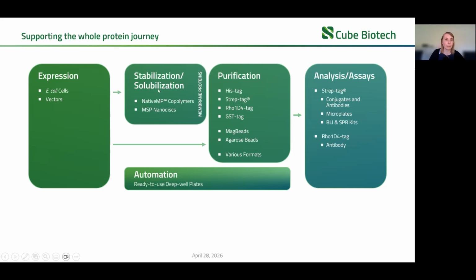Especially for the membrane proteins, we have our native MP technology that consists of many copolymers that you can use to really stabilize your membrane protein in its native lipid environment to preserve the functionality. But we also offer the more classical MSP nanodiscs. And in this purification portfolio, we not only have Strep-tag products, but also for His-tag or Rho1D4 tag.